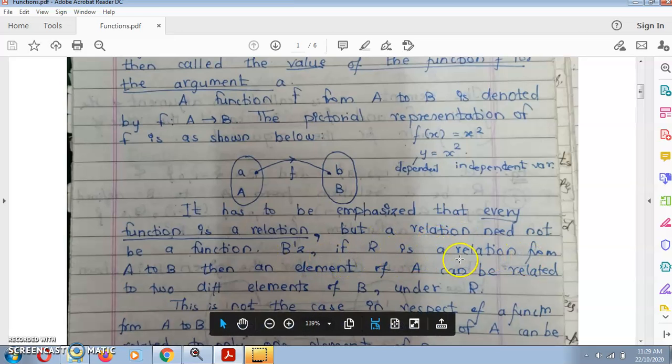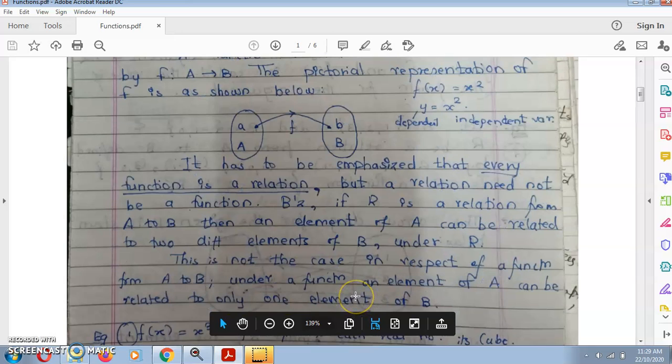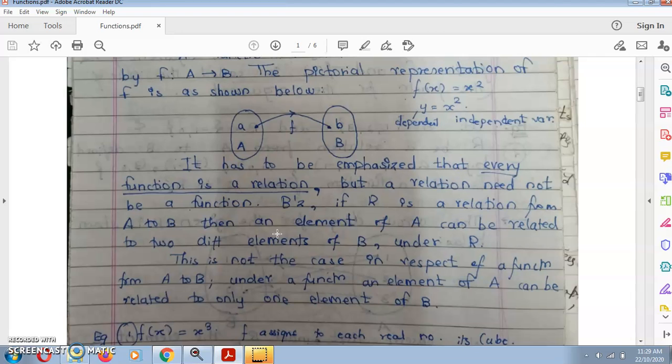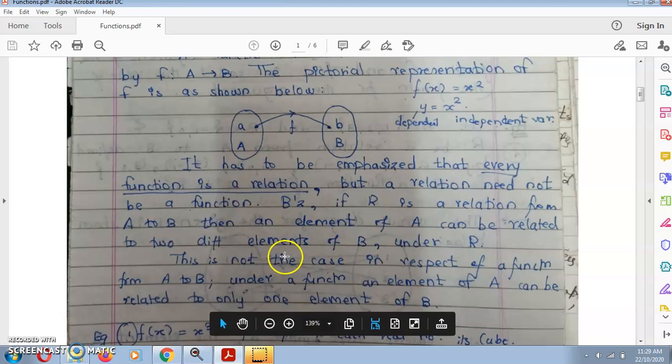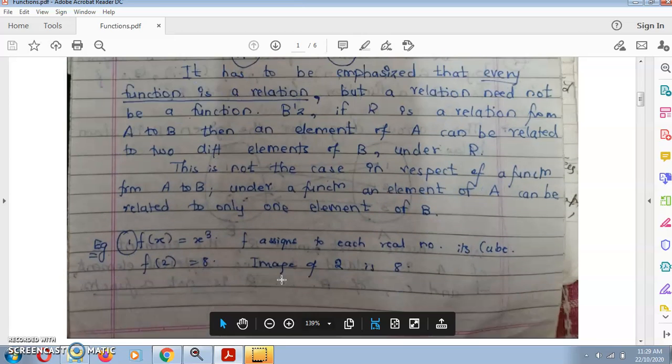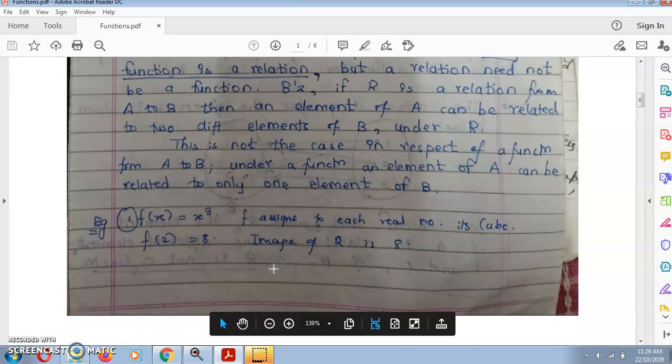Because if R is a relation from A to B, then an element of A can be related to two different elements of B under R. But in a function, an element cannot be related to two different elements of B. So if any element from set A is not uniquely related to B, then it is not called a function. We shall see that also in the coming slides.